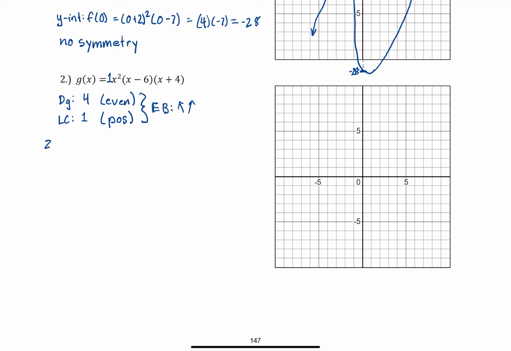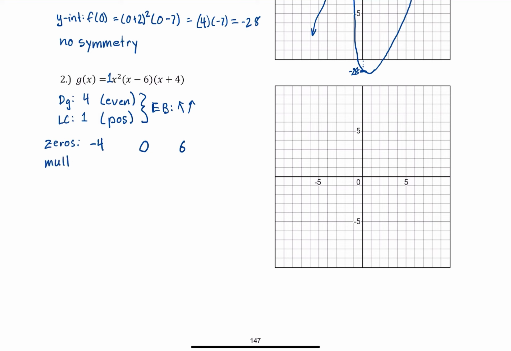The zeros here in factored form are pretty easy. If you set the x squared equal to 0, that's going to give you a zero of 0. So I'm going to put these in order. So the smallest zero is going to be the minus 4 from the last factor, 0 from the x squared out in front, and a positive 6 from the middle factor.